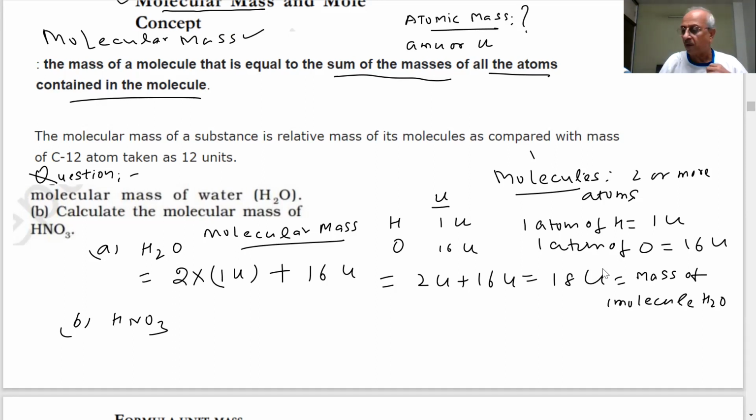How to find the molecular mass? What is the atomic mass of hydrogen?